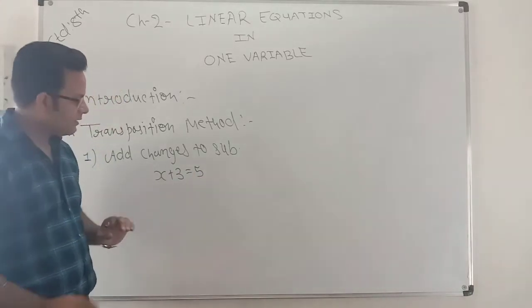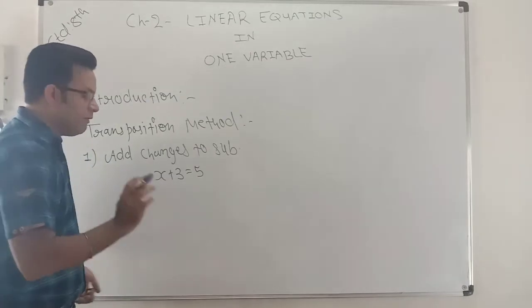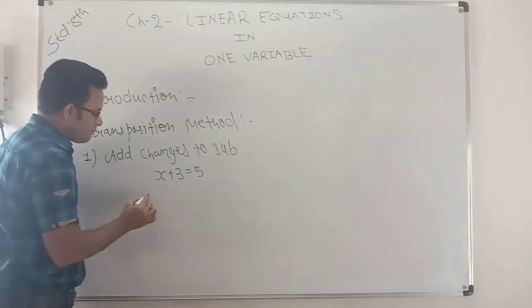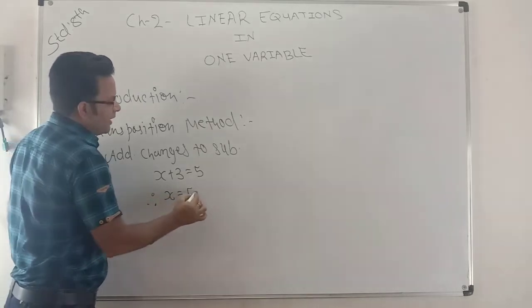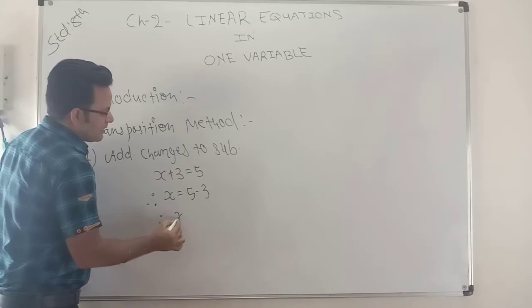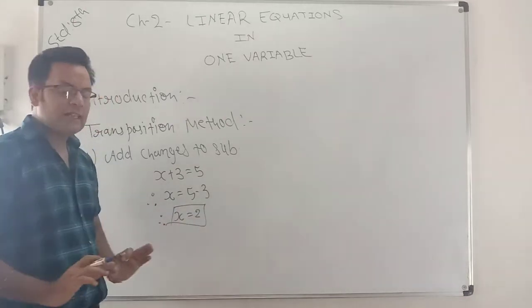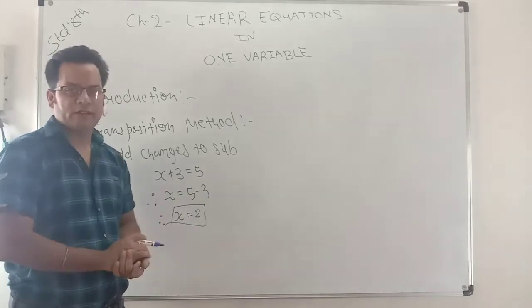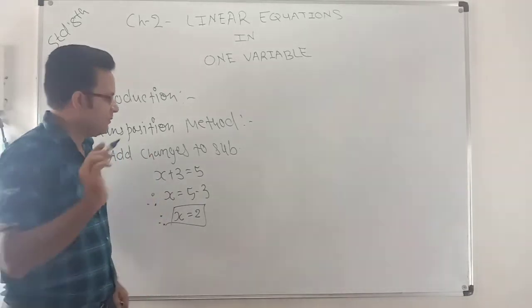Here you can see that 3 is plus. Now when we solve this, therefore x is equal to 5 minus 3. So the answer is x is equal to 2. So here you have seen that you took the help of subtraction to get the answer. So addition changes to subtraction.